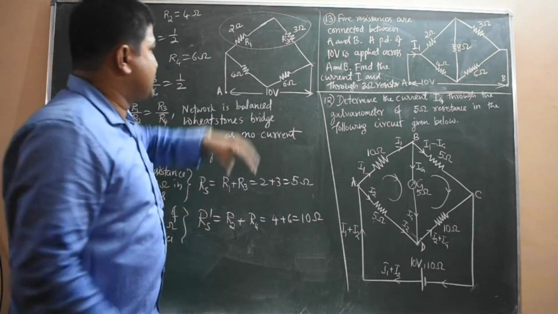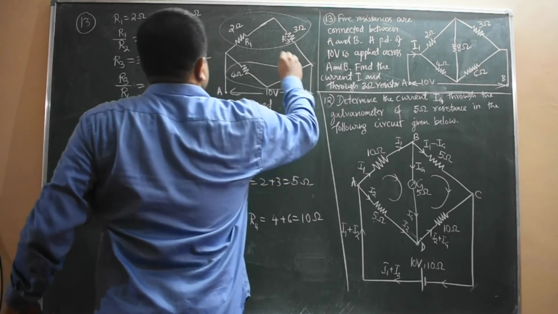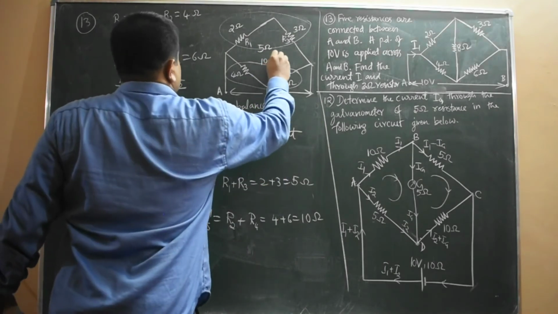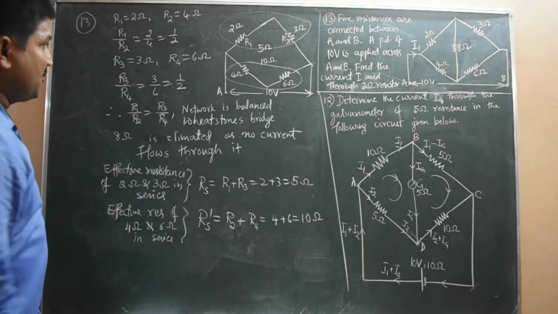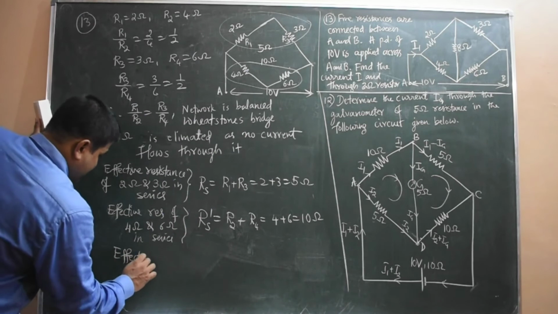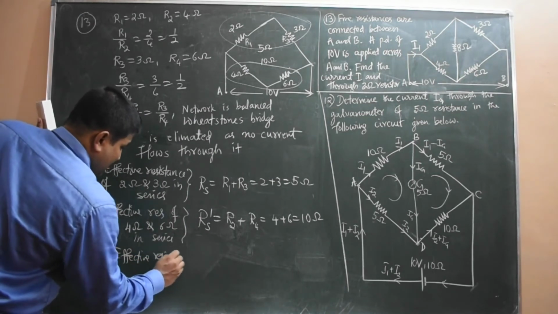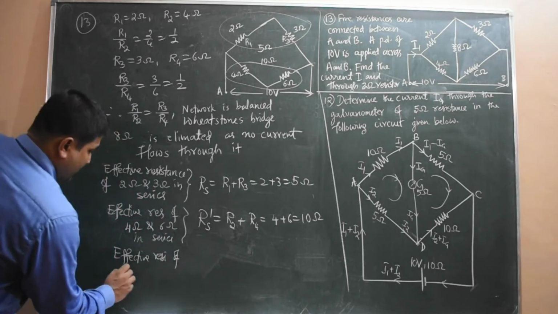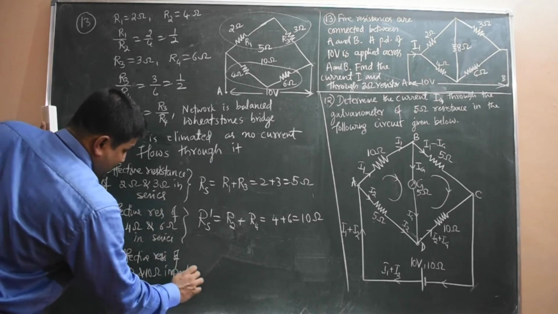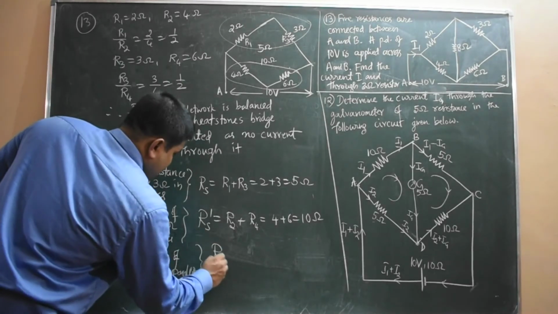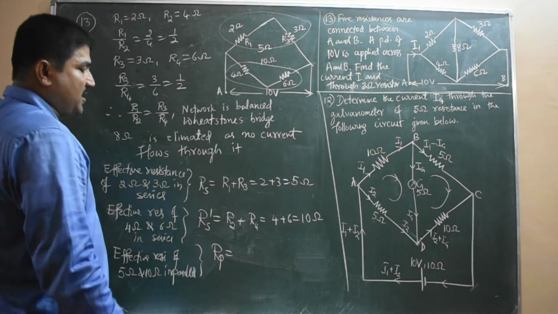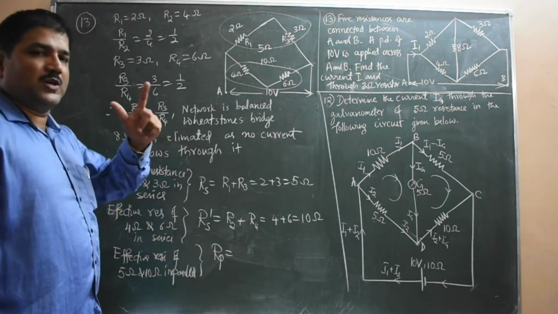Now we have two resistors, 5 ohm and 10 ohm. Now we can see 5 and 10 are in parallel, so we have to get the effective resistance RP. For a parallel combination of R1 and R2, the effective value is R1 into R2 by R1 plus R2.